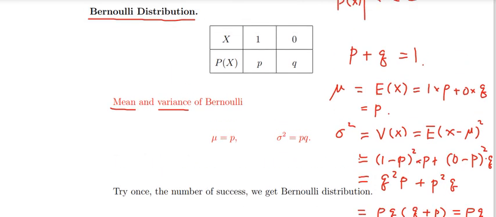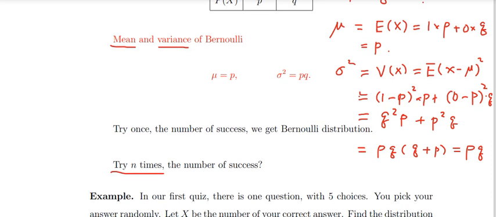Here, for the 1-0 case, x equals 1 means a good thing happens one time, or x equals 0 means a good thing happens 0 times, right? That was trying one time. In general, if we try many times, the number of successes is not known in advance, so this is a random variable.